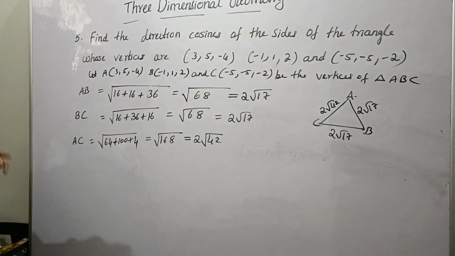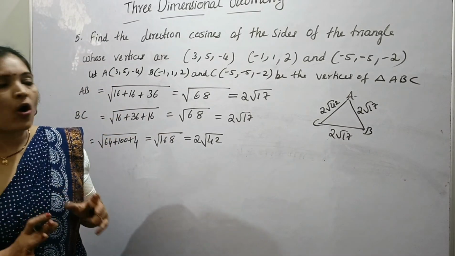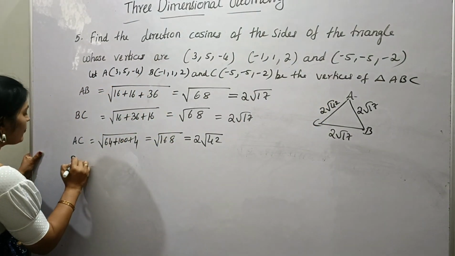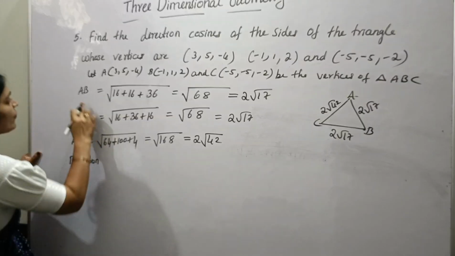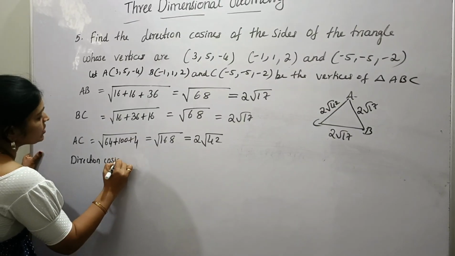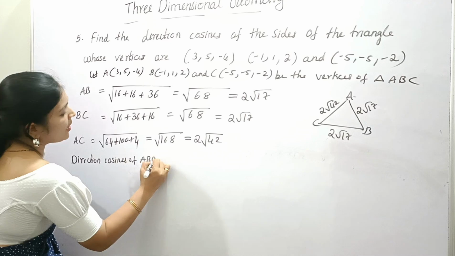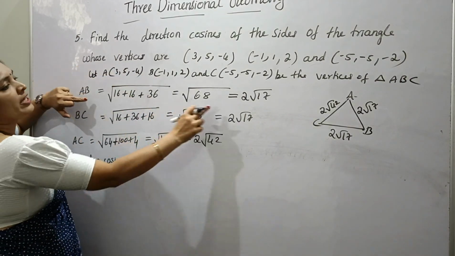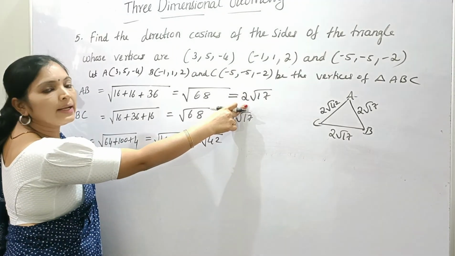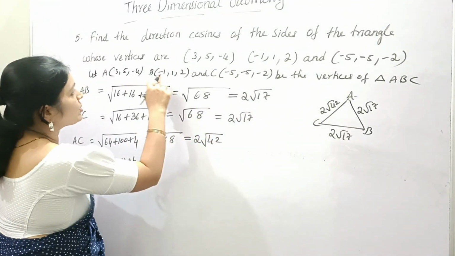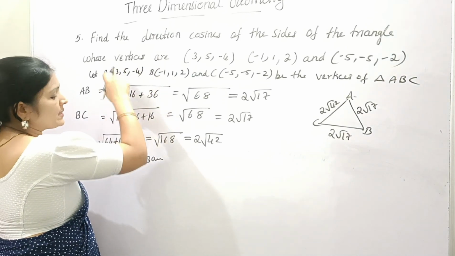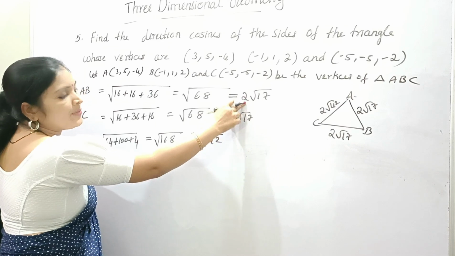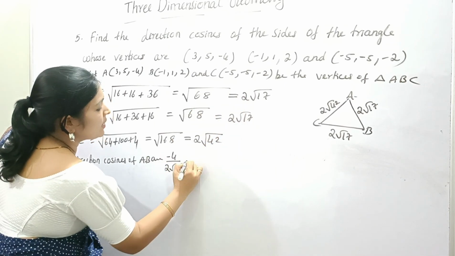Now we will find the direction cosines of each side of this triangle. First we will write the direction cosines of AB. They are x2 minus x1 divided by the length: minus 1 minus 3, that is minus 4, divided by the length of the side, 2 root 17.